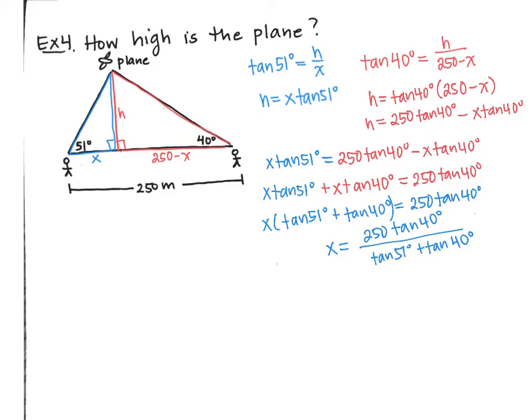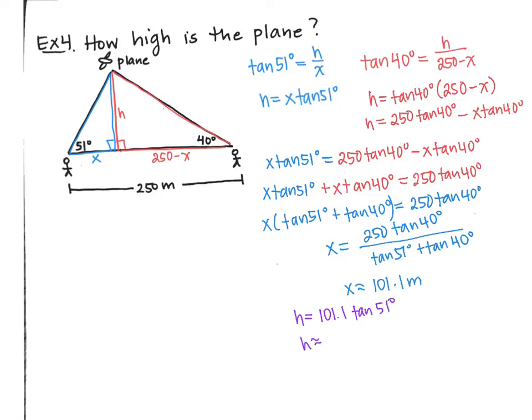Now, if they want me to find a decimal approximation, I could put this in my calculator. If I put it in my calculator, I think I get about 101.1 meters. But are they asking me for x? No, they're asking me for h. So if I want to figure out what h is, I can plug it back into one of these expressions. H equals x times the tangent of 51 degrees.